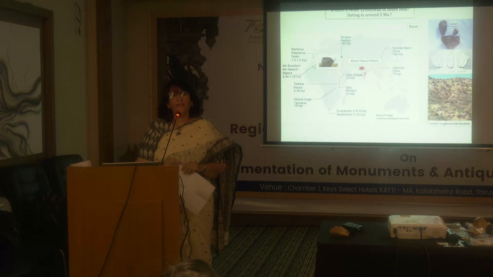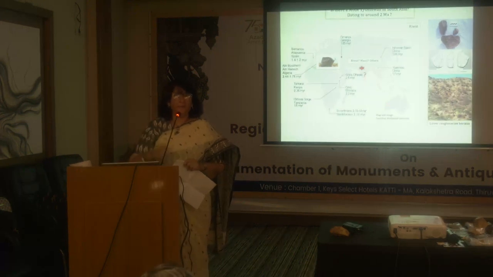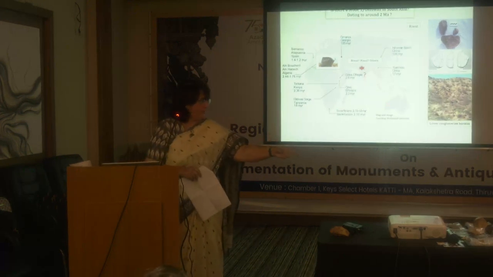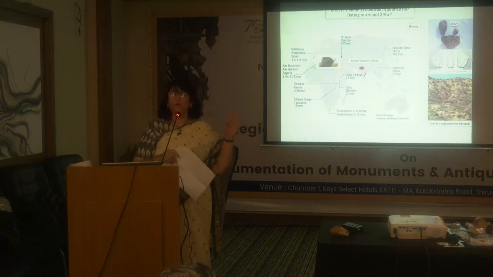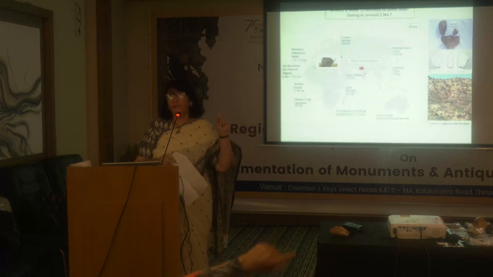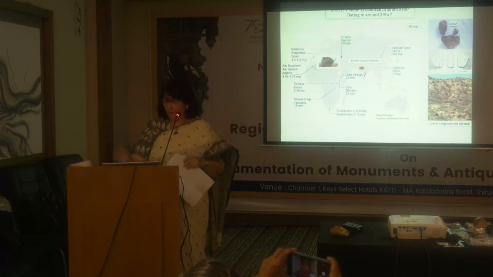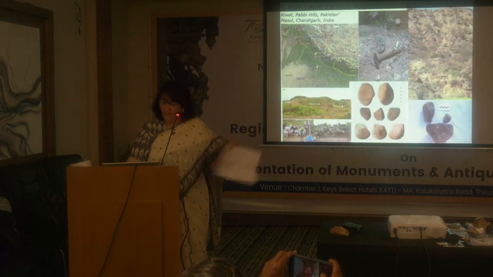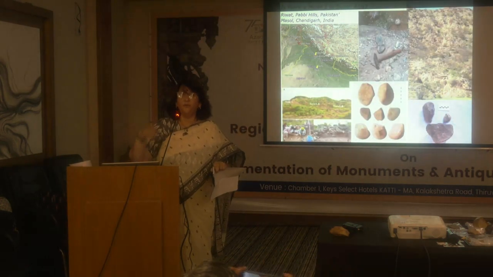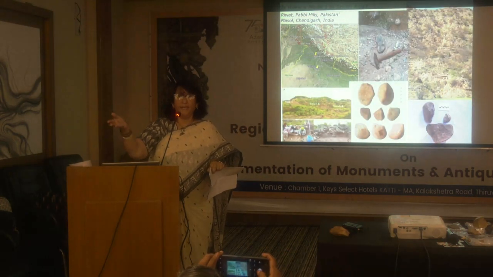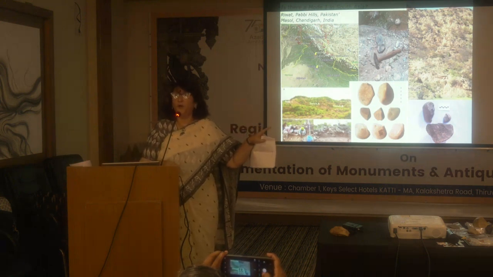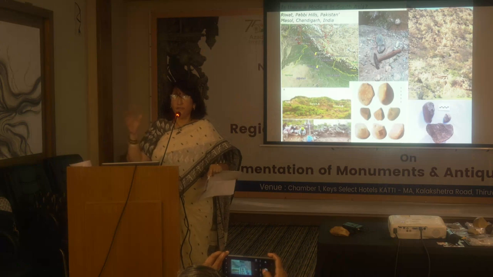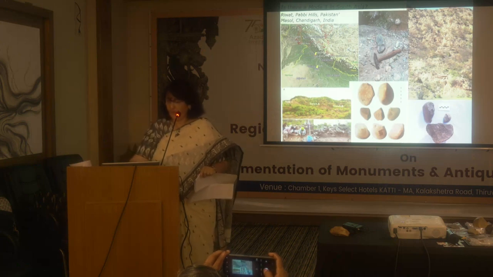We know that many students may just find a core, any core, look at a core and a flake and then say, okay, this is old one. There are examples of people doing this. So you should know a little bit about the background to avoid these problems. There are some sites in northwest India, so when the northern workshop is held for the NMMA, this issue will surely come up there as to what is classified as Acheulean and what is classified as pre-Acheulean.